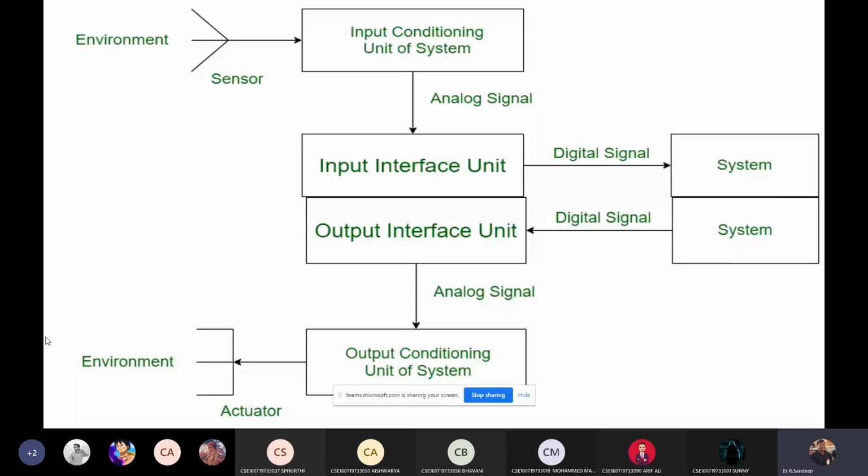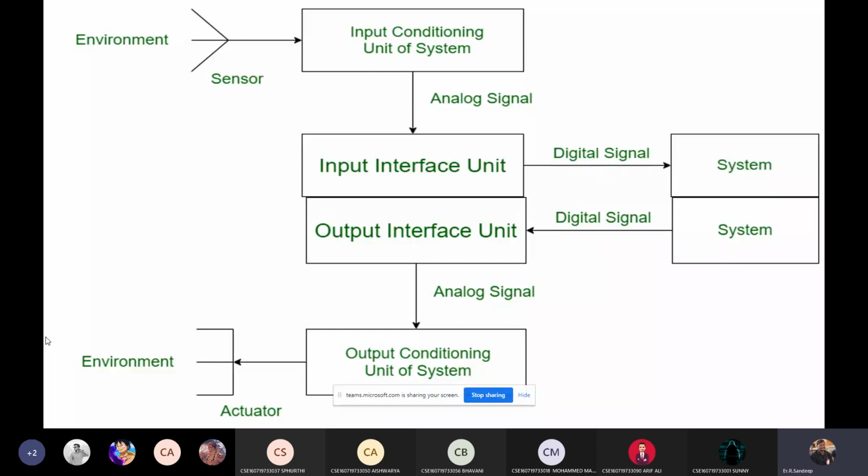The device we are using in this process is called an input interface unit. And in the same way, an output interface unit. The system gives the data in the form of digital signal. So the output interface unit will take the data in the form of digital signal, and because it is giving data out to the user, the data should be in analog nature. So the output unit will give output as an analog signal.